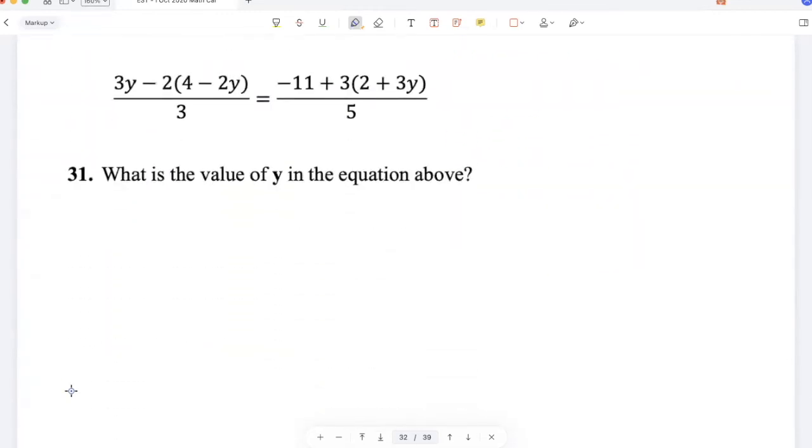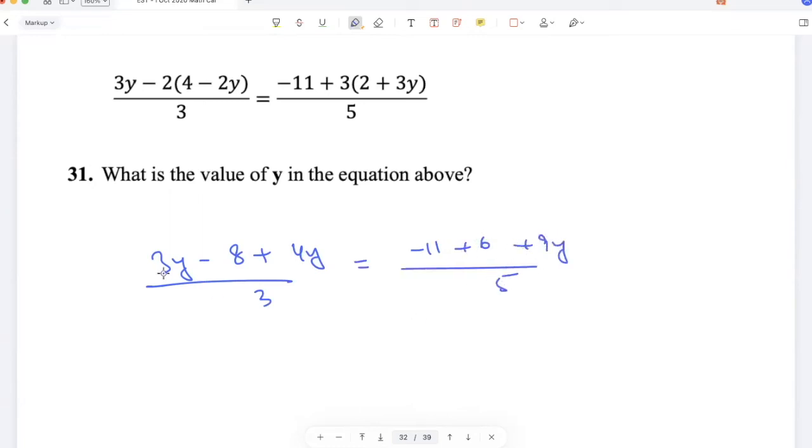Okay, what is the value of y in this equation? Let me first solve this. So 3y minus 8 plus 4y by 3 is minus 11 plus 6 plus 9y by 5. So 7y minus 8 by 3 is minus 5 plus 9y by 5.